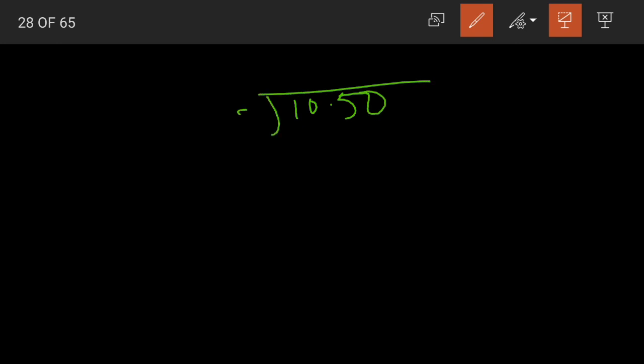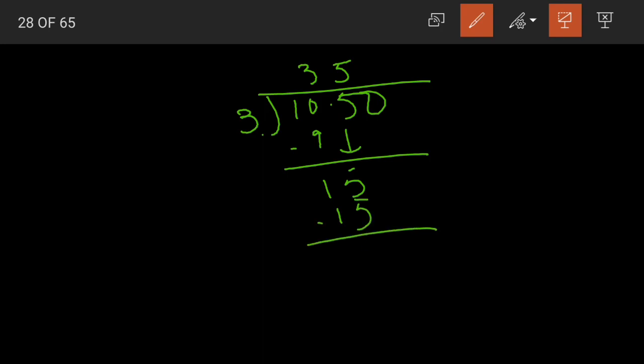10.50 divided by 3. What will we get? 3 3s are 9. When we subtract, 1 is remaining. 5 brought down. 3 5s are 15. When we subtract, 0 is remaining. Again 0 brought down. So 3 zeros are 0. What is our answer? 350.